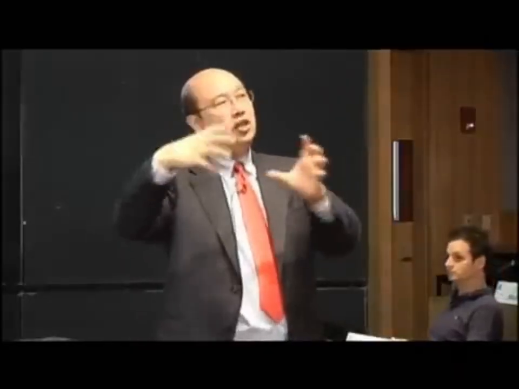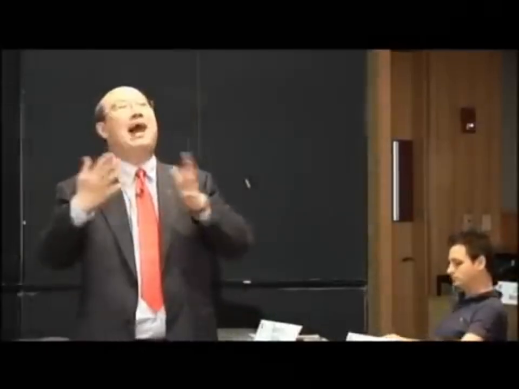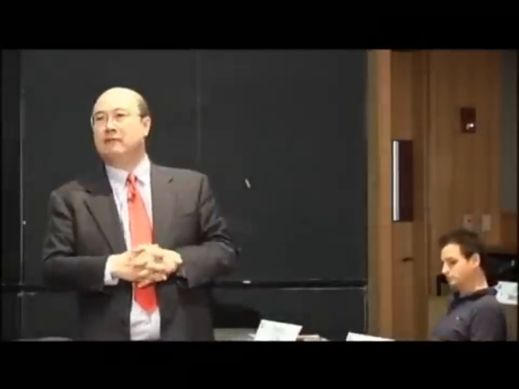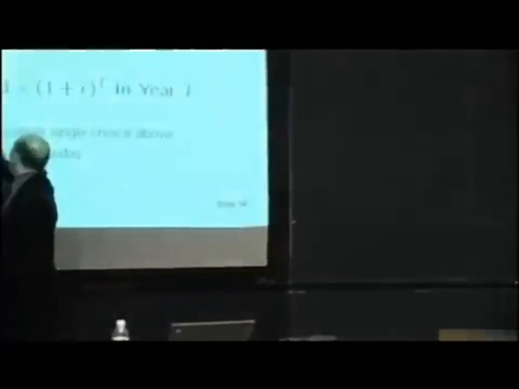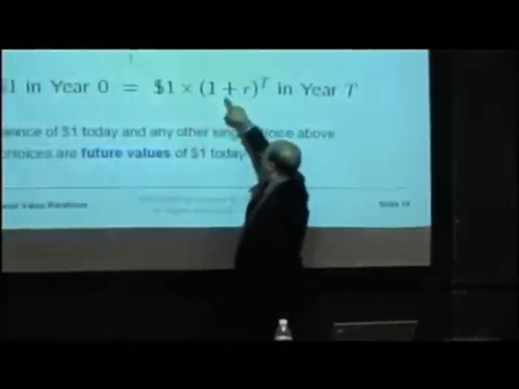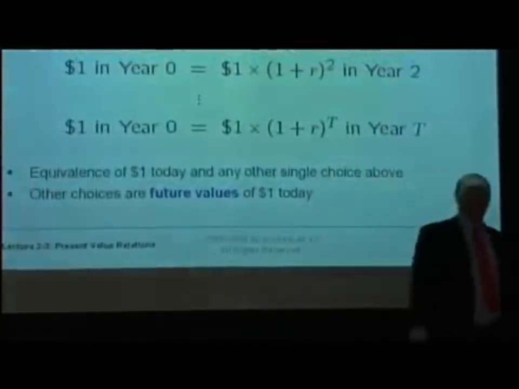So I'm going to just simply assume that a year is my unit of account, and then looking at a 1-year, 2-year, 3-year kind of growth period, I'm going to simply take powers of this factor 1 plus r. Okay? So $1 in year 0 is going to be worth $1 times (1 plus r) to the tth power in year t.